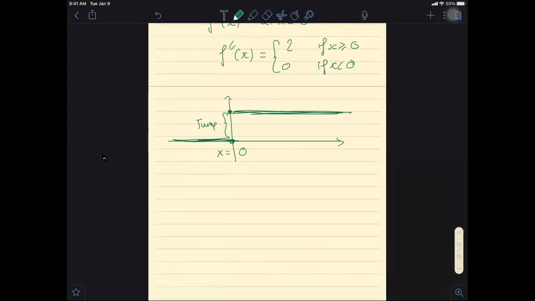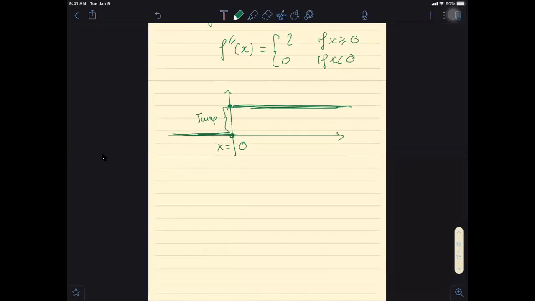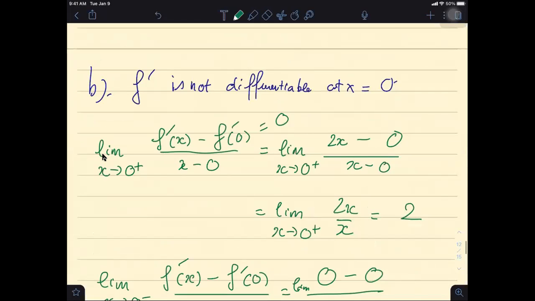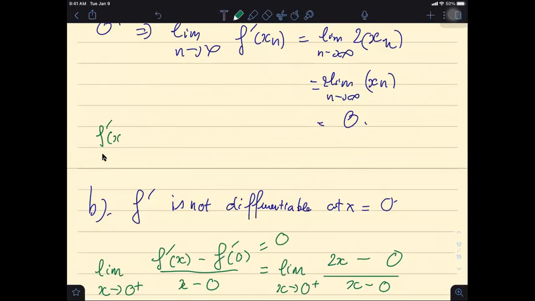So I would say in general, you want to find f prime. You find f prime of x equal to 2x if x is greater than or equal to 0, and 0 if x is less than 0. Okay? This one is pretty easy, right?